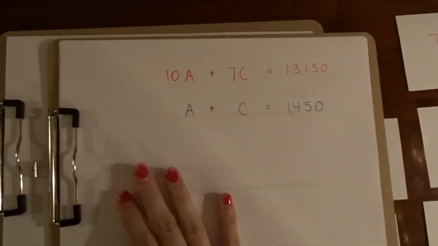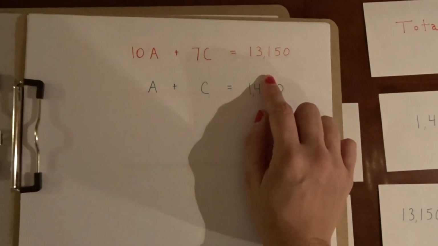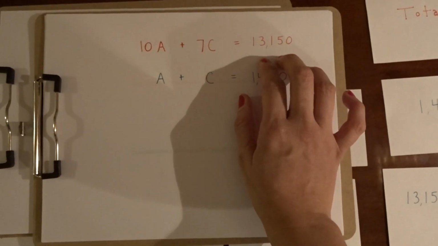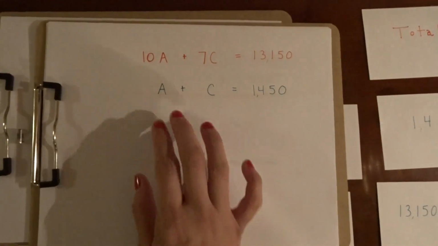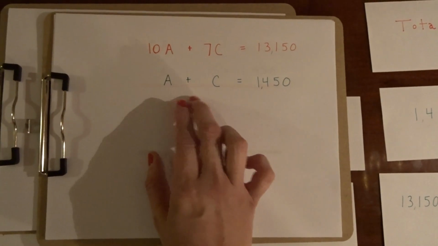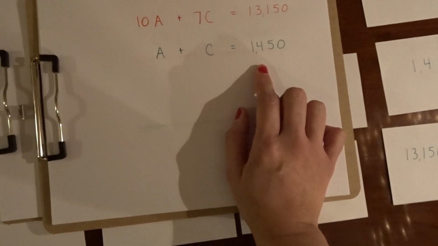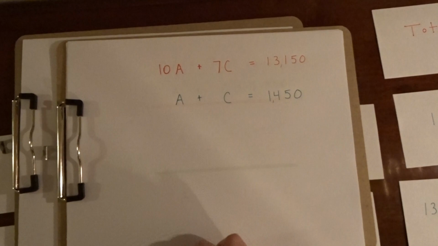So putting everything together, we have 10a plus 7c is equal to 13,150. That was in emeralds, so this is our money equation. Then we have a plus c is equal to 1,450. And this equation refers to the amount of tickets that were sold.